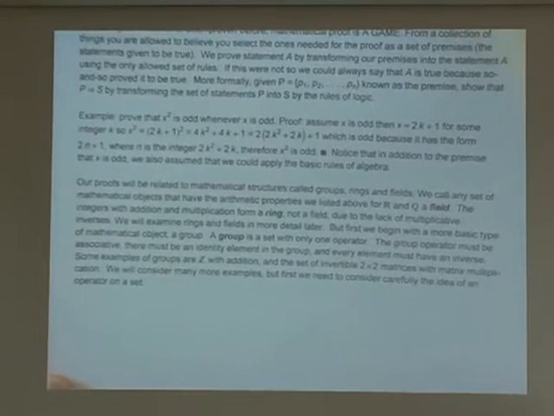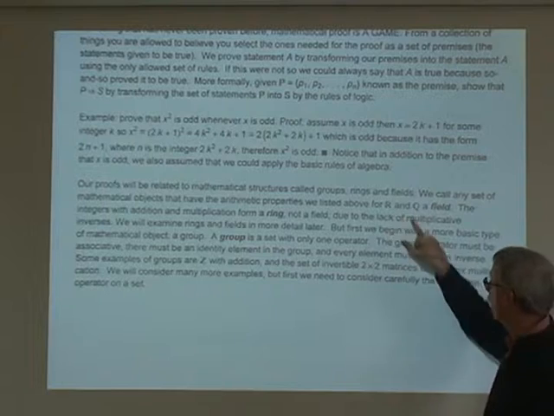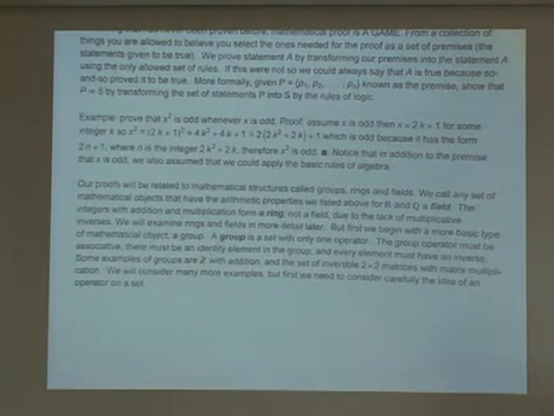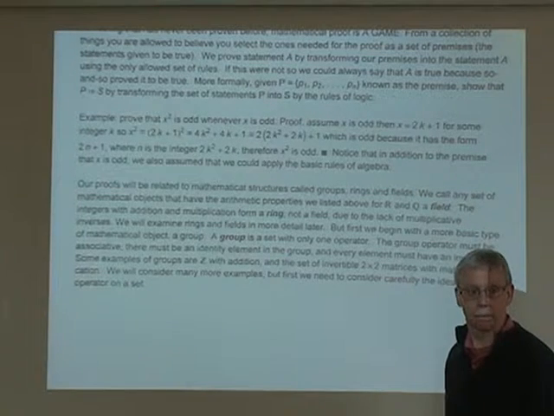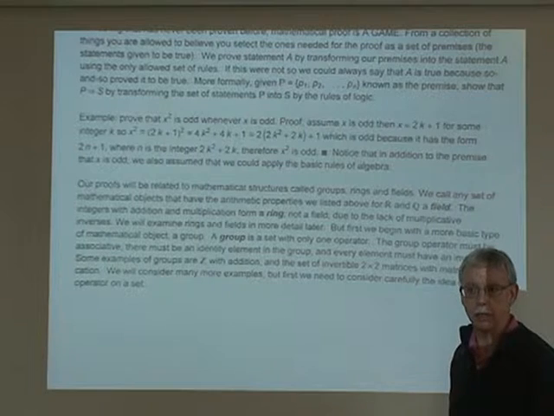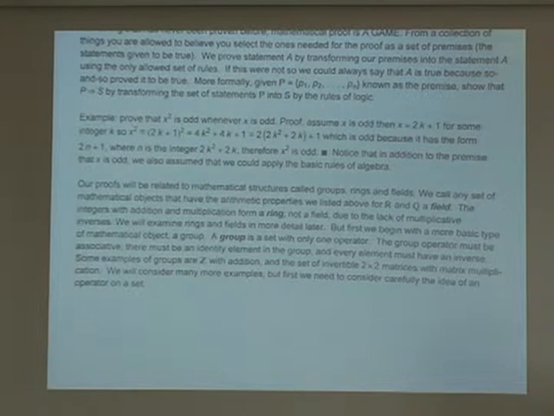Remembering the definitions, our proofs in this course are related to groups, rings, and fields. Any set that has the same mathematical properties as R and Q, the ones we listed, is a field. The integers are a ring because, why? Not a field. Integers are a ring because they don't have inverses, right? I need multiplicative inverses.